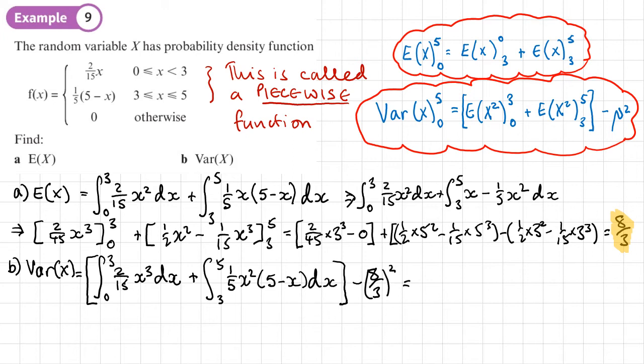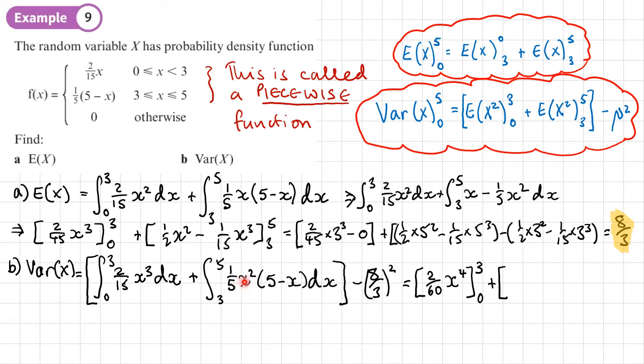So now we'll integrate. This will become x to the power 4 over 4. So if we times that by 4, it becomes 2 over 60, or 1 over 30, x to the power 4, and that's going to be between 0 and 3. And then we'll have this integrated.